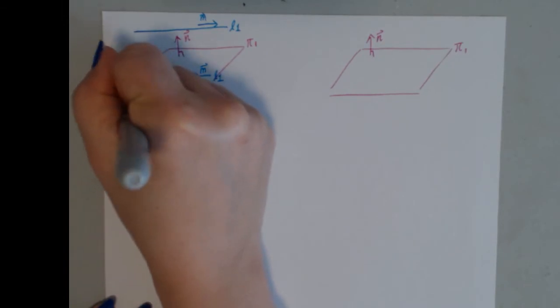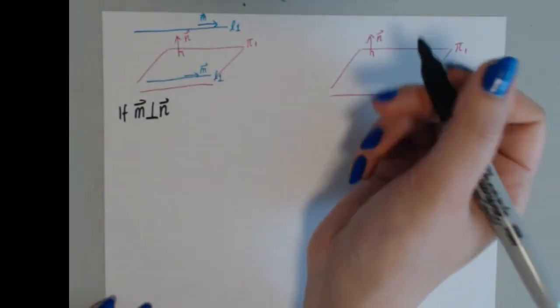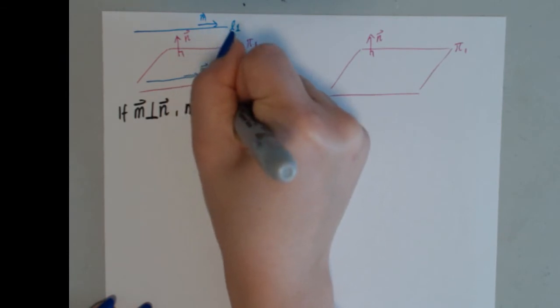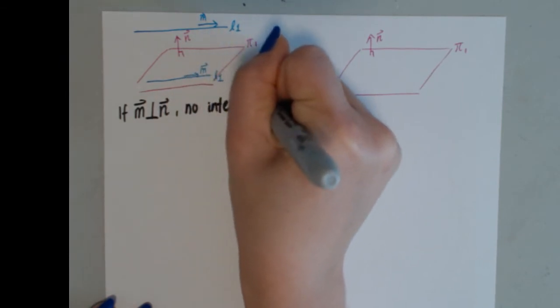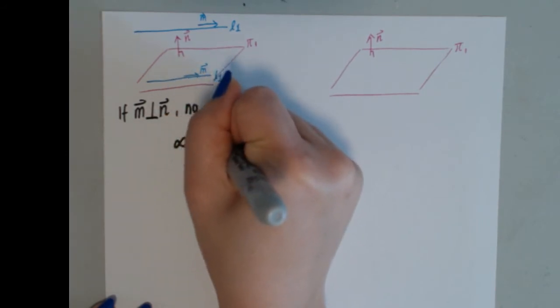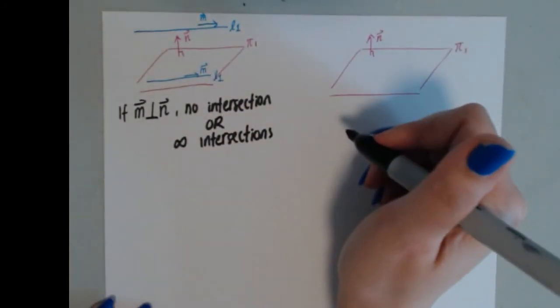If the direction vector of the line, so that's m, is perpendicular to the normal vector of the plane, which is n, then that means there is no intersection or infinite intersections, right? So not one, none or all.